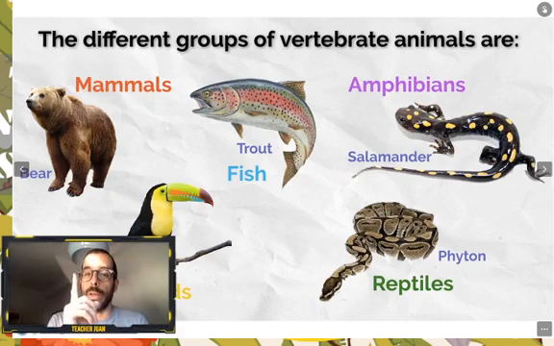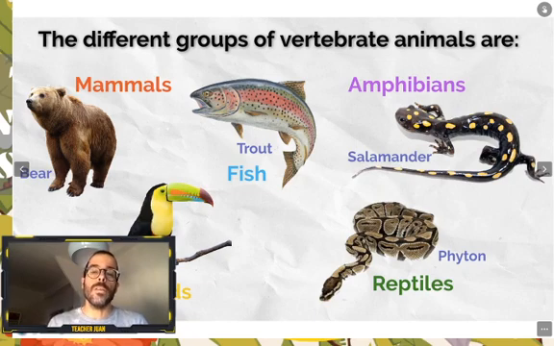We can find mammals like the bear, the dogs, ourselves, lots of them. Birds, as a toucan here, the eagle, lots of them. Fish, like this trout, una trucha, okay? Lots of fish, you know, they live underwater.